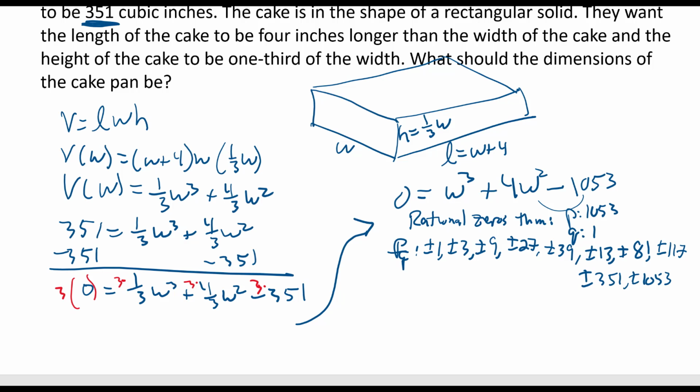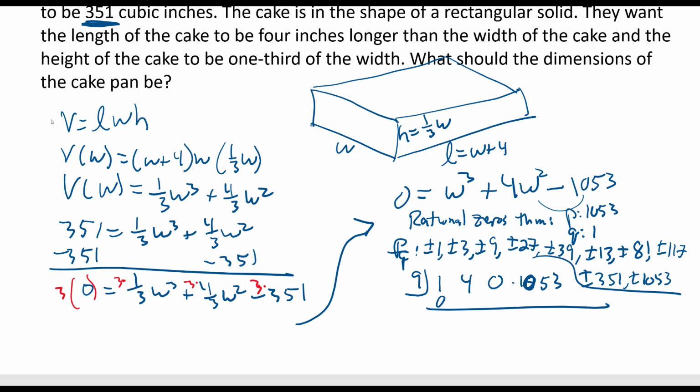So let's go with 9, and if that's not it, we'll go down to 3. So 9, and we have 1, 4, 0, because there's no W term, and then negative 1053. Okay.